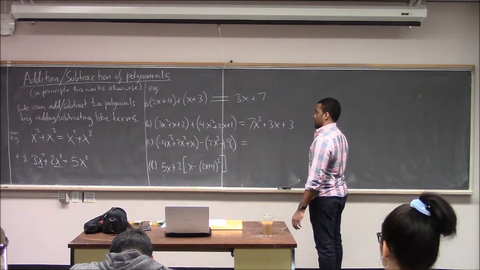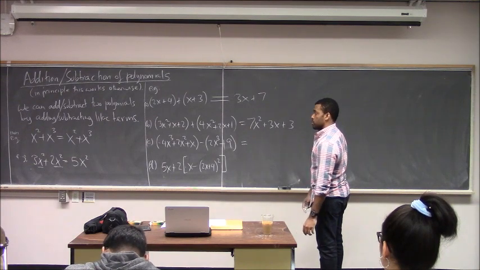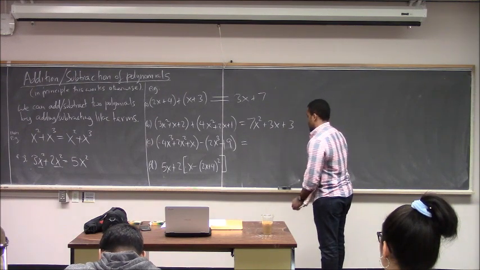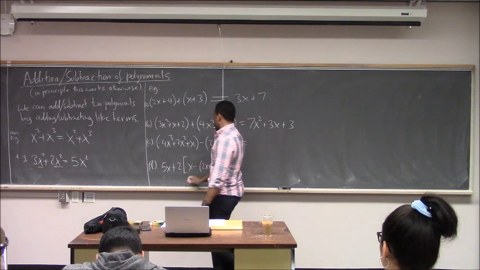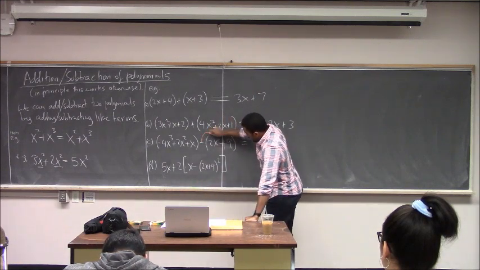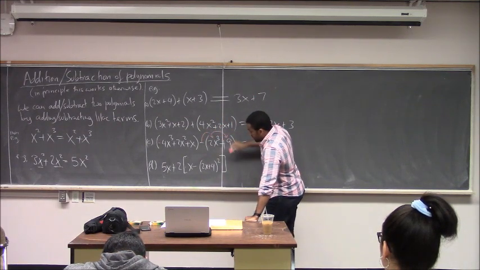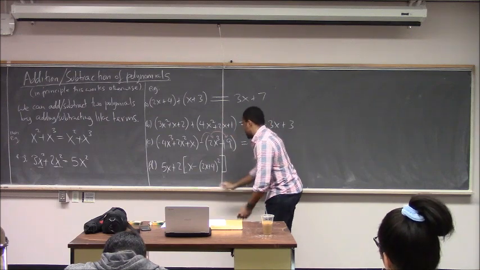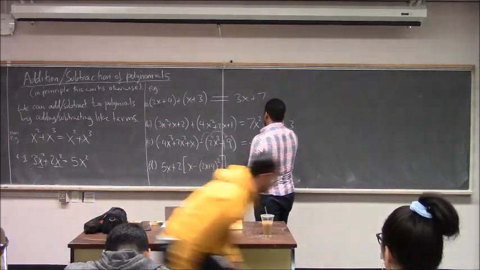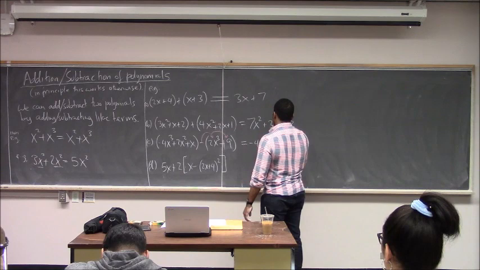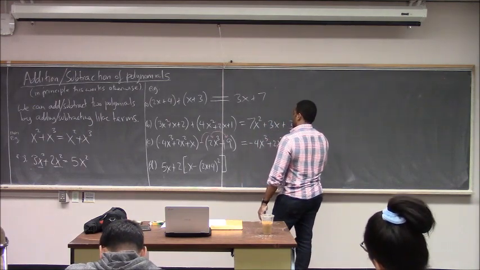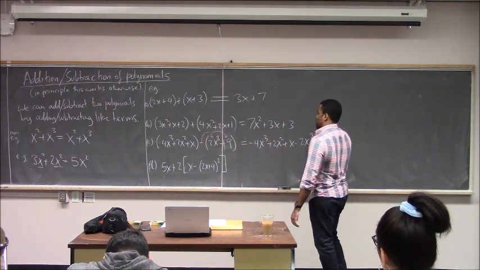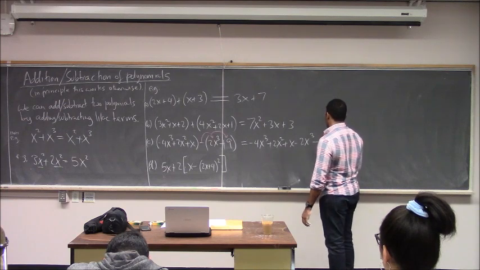What about this one? Negative 6x cubed. Come again? Negative 6x cubed. Let's take one intermediate step here. Expand the parentheses. Negative sign. You have to expand the parentheses. This is by the distributive law. We covered that in lecture 2. And so you can rewrite this here as that.